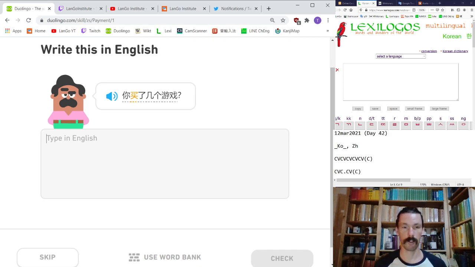How many games? Here we know whatever follows 几个 after a 个, this is taken as a noun. Some things like this can be verbs. Here I think this structure, 个 how many of them, really mandates that that's a noun. How many games instead of playing?